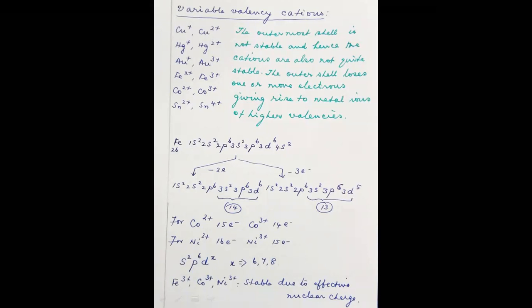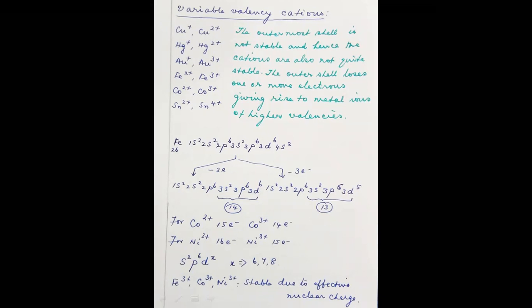We have seen alkali metals form only monovalent ions. Alkaline earth metals form only divalent ions. On the right side of the periodic table, halogens form mononegative anions.